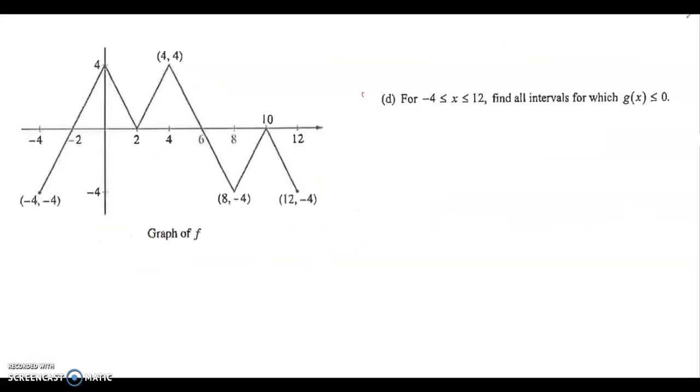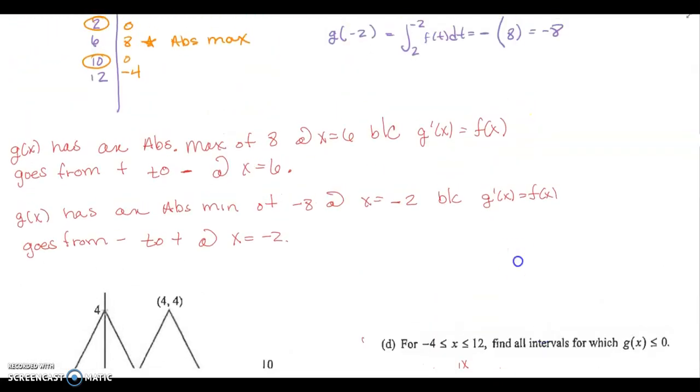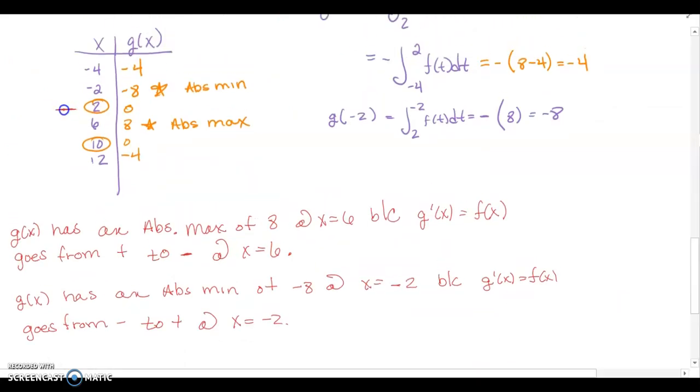Okay, so part D. It's a little tricky. I need to figure out when g of x is less than or equal to 0, so when it has a negative output. And so once again, we've got to remember that g of x was defined by the integral of f of t dt. Well, because I included some information in the sign chart above, that is actually where g of x is 0, 2 and 10.